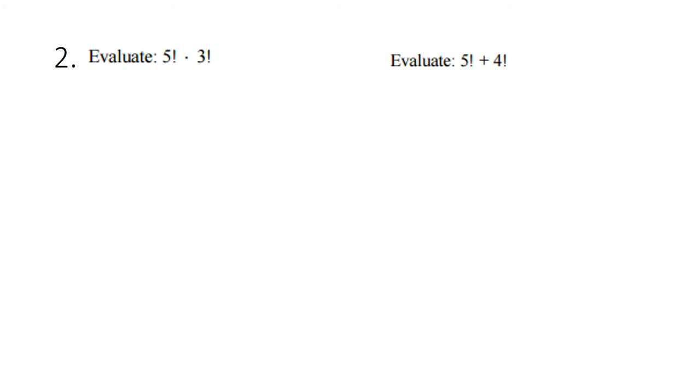This time we have 2 questions. We have 5 factorial times 3 factorial, and 5 factorial plus 4 factorial. Now, we can't use our little trick that I just showed you on these problems. These problems, we're going to have to write out.